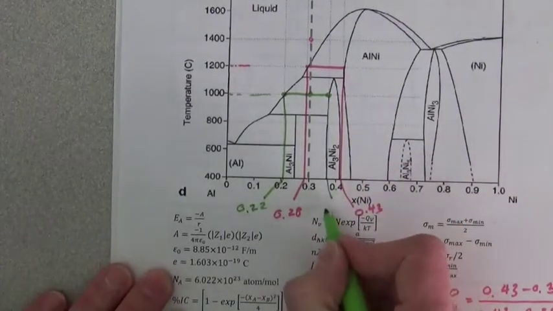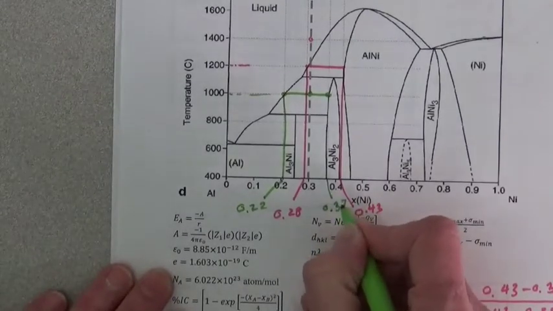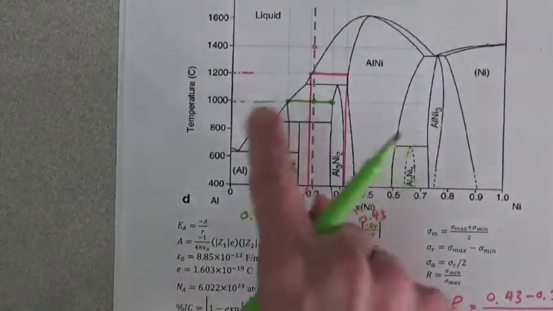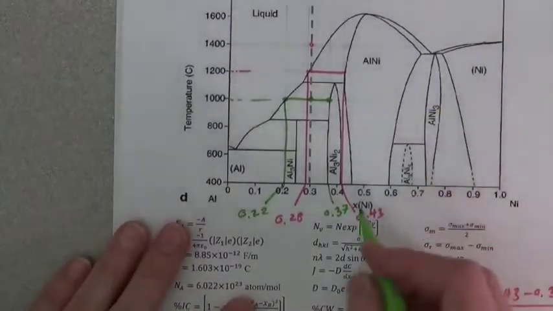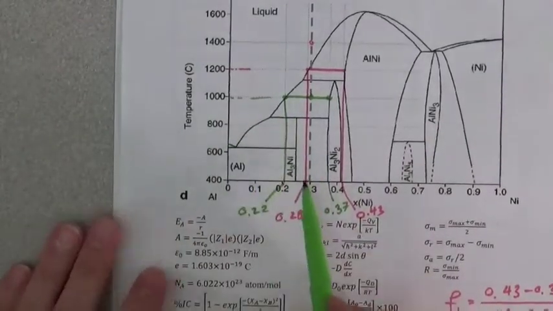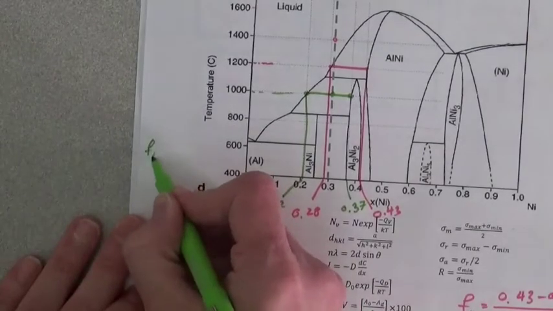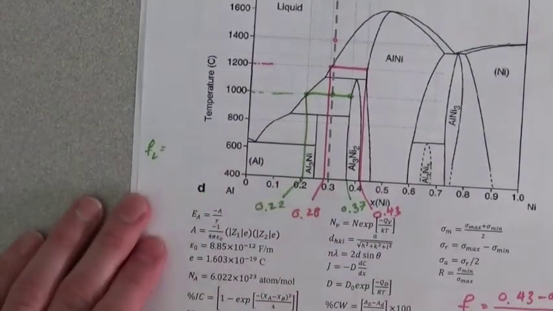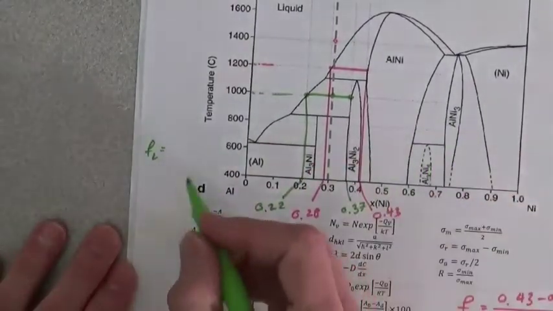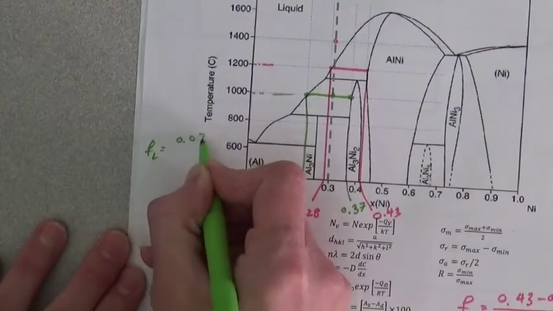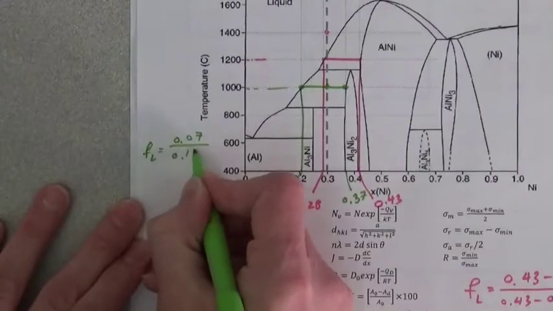This is around 0.37, which means that for this particular temperature, we have the fraction liquid being equal to 0.07 divided by the total there, which is 0.15.